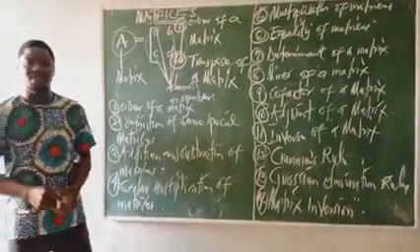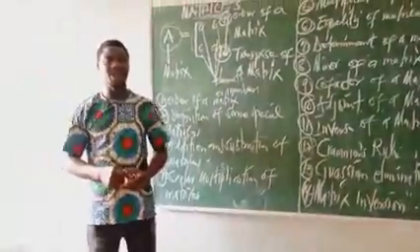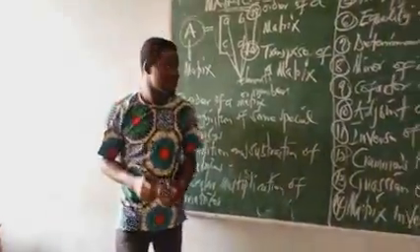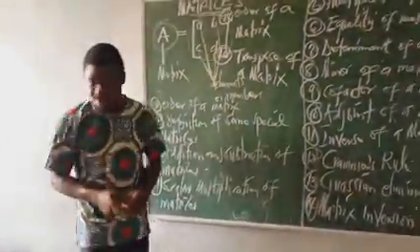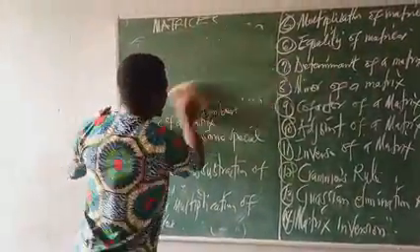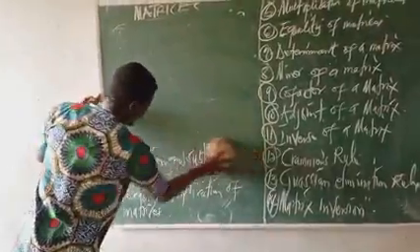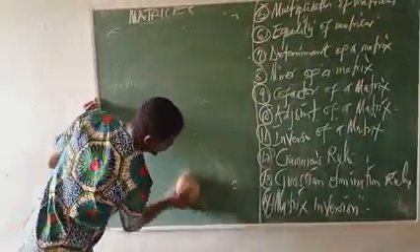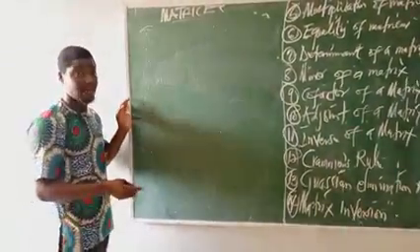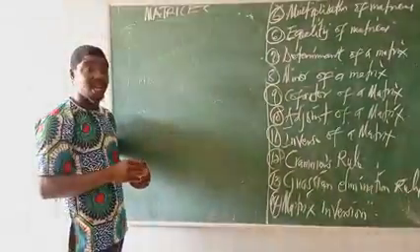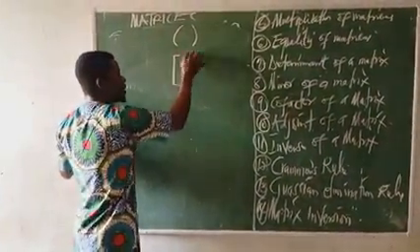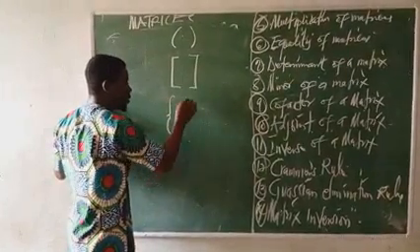And please note, in matrices, we make use of a special bracket, which I call the matrix bracket. Of course, in mathematics generally, we have various types of brackets. We have this, we have this, we have this.